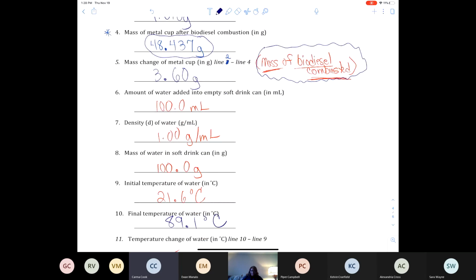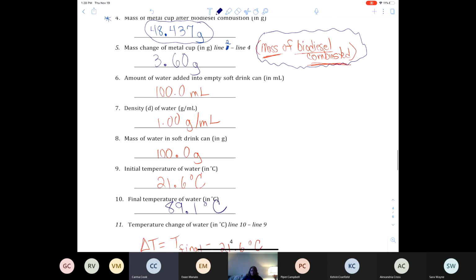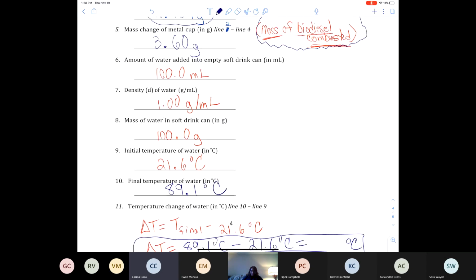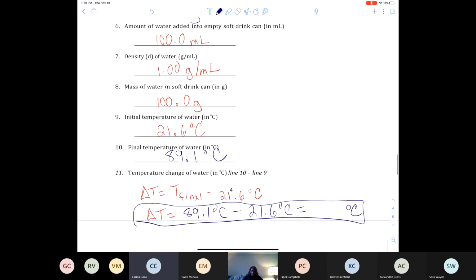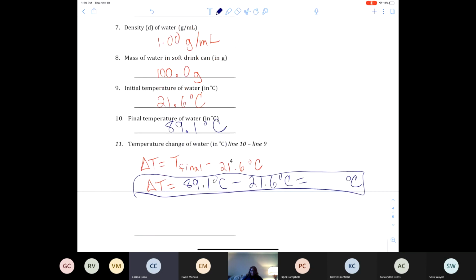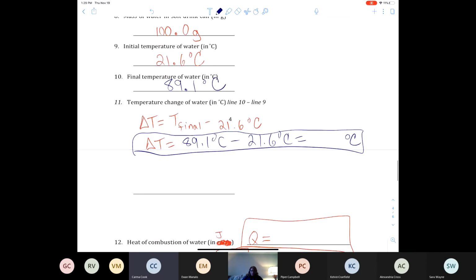And as the video stated, I added 100 milliliters of deionized water, which has a density of 1 gram per milliliter. So that means I added 100 grams of water to my soft drink can. The water in the can started out at a temp of 21.6. The final temperature, 89.1.